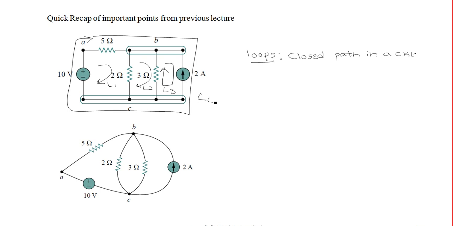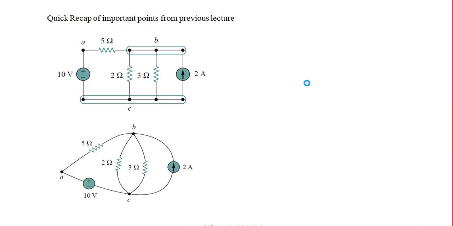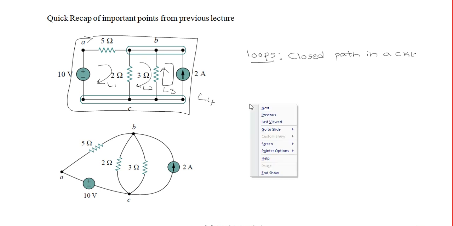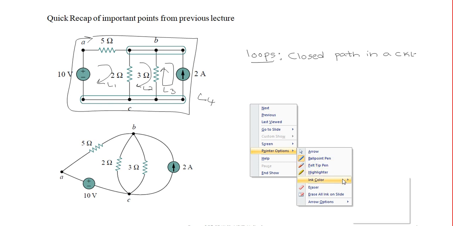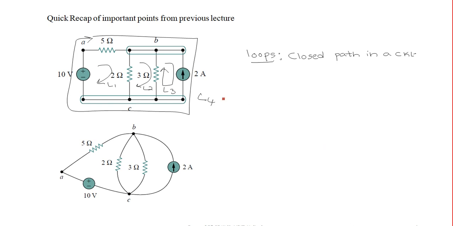Okay, so basically we can have 4 loops, and you can also opt for some additional loops. How we can get those, I'll show with a different ink here. You may even consider these as loops as well.